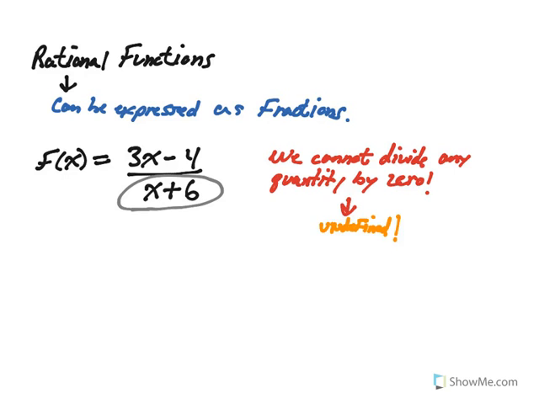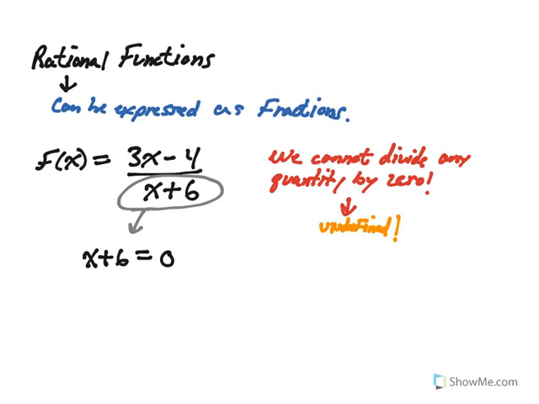There is a value that we can plug into the denominator that will make this function undefined, and there's only one way to find out. Let's write whatever the denominator is, set it equal to 0, and solve for x.